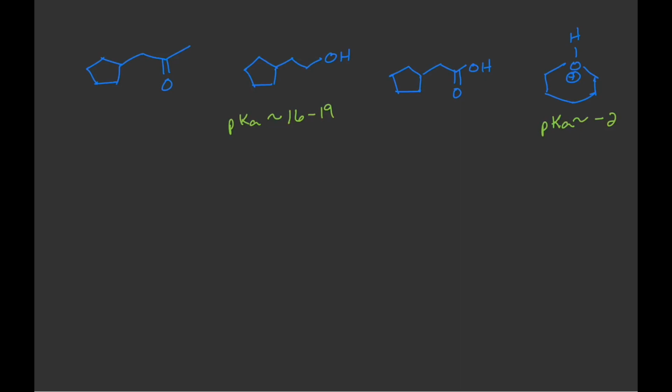If you look at our carboxylic acids, we have our carboxylic acid here. We get a pKa of right around 5. So with a lower pKa, we know that our carboxylic acid is more acidic. That makes sense, right? The name is carboxylic acid. We would expect it to be at least slightly acidic.